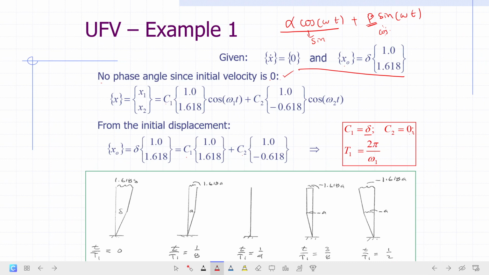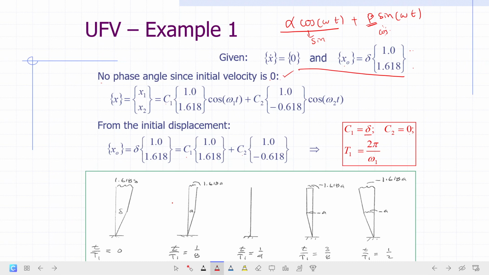So if we start from the initial position like this, we see a line of the amplitude A1 and A2, so the vibration only has one shape like this, because C2 is already zero.